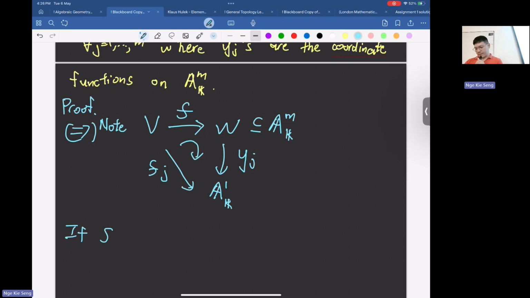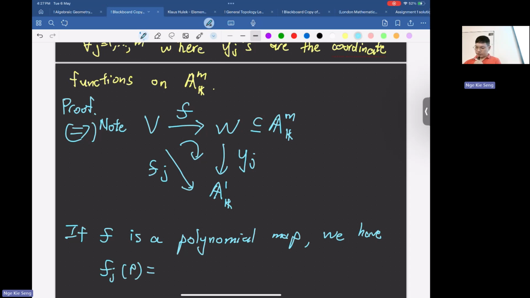So here we note that we got this picture. If F is a polynomial map, what do we have here? We actually have Fj(P) equals fj(P), by the definition of polynomial map.